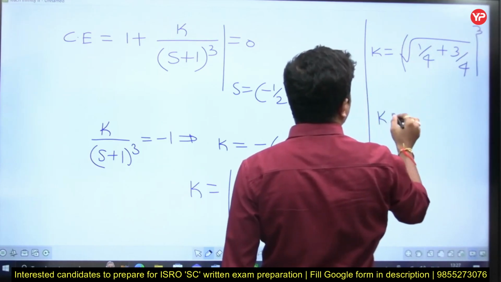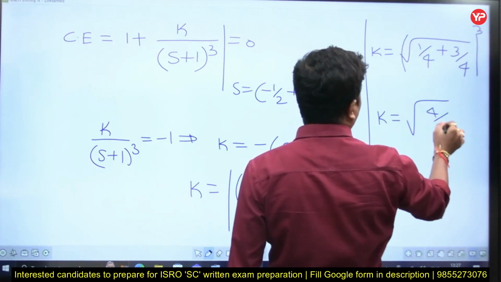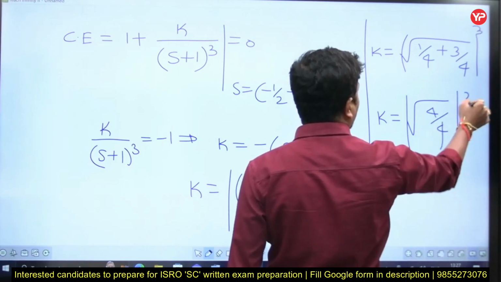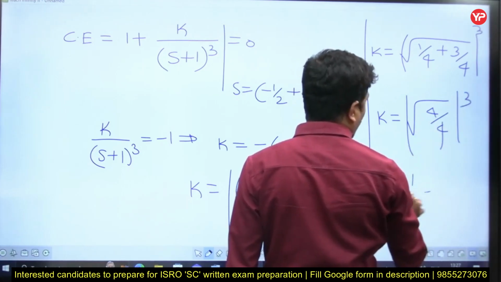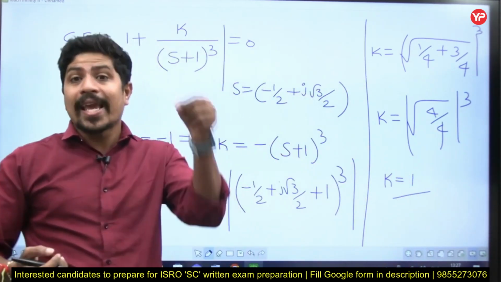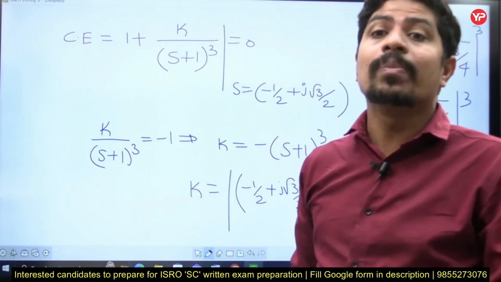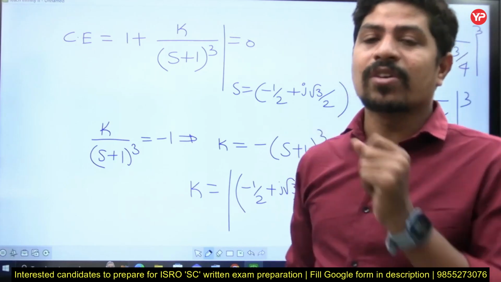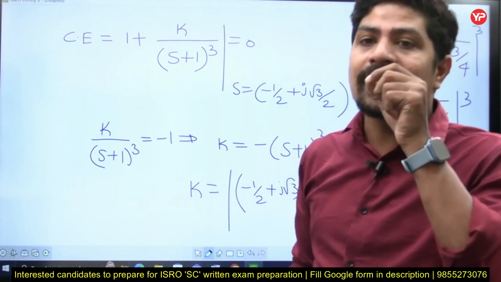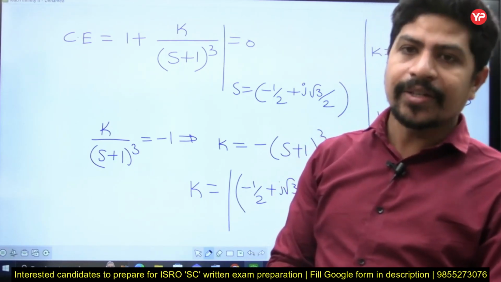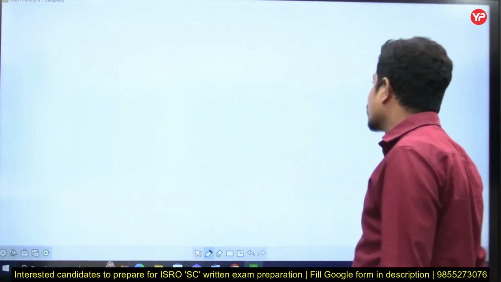So K = (√(4/4))^3. Therefore K = 1. So the point here is, for K = 1, that particular s = -1/2 + j√3/2 will be the root of the characteristic equation, or closed loop pole of that particular system. Let's go to the next question.